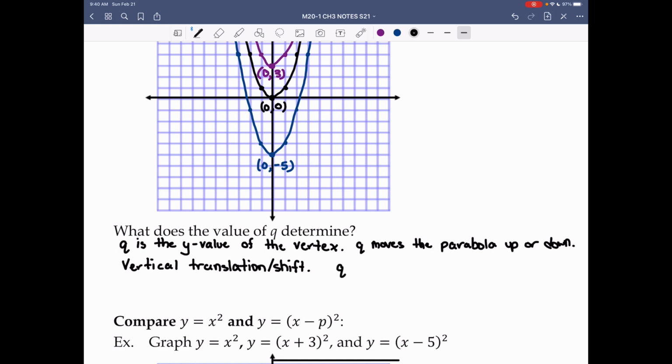If q is greater than 0, the parabola moves up. If q is less than 0, the parabola moves down.